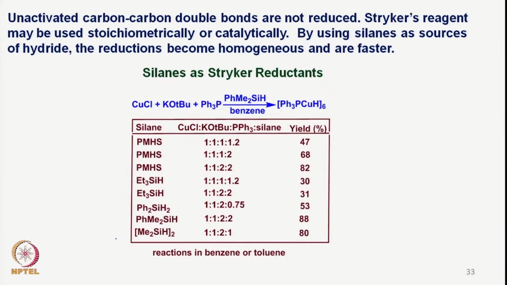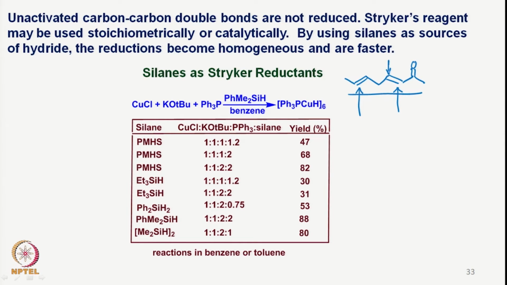Now unactivated carbon double bonds are not reduced. So if you have a molecule of this kind, and you have both possibilities, a simple unconjugated double bond, and of course the double bond conjugated with a carbonyl group, only this will get reduced at this center.